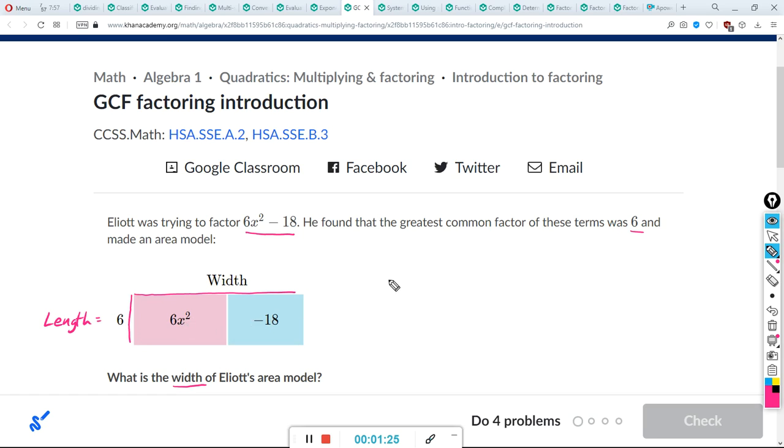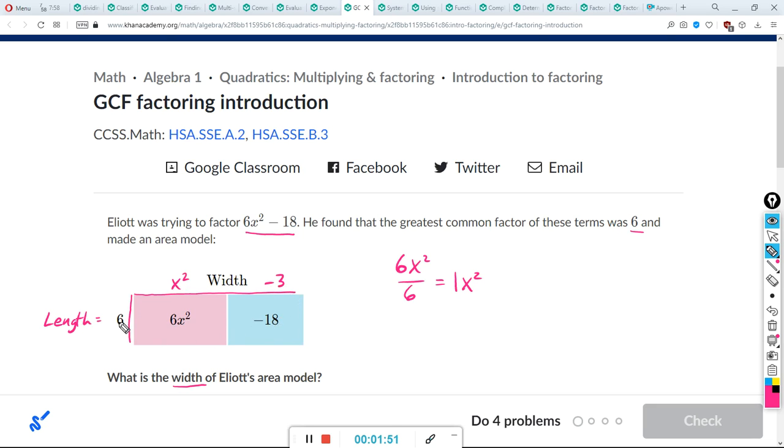So we'll start with 6x squared and divide that by 6. 6 divided by 6 is just 1, and we still have the x squared. But we don't need the 1, so it's really just x squared. And then negative 18 divided by 6, we already know that's negative 3.